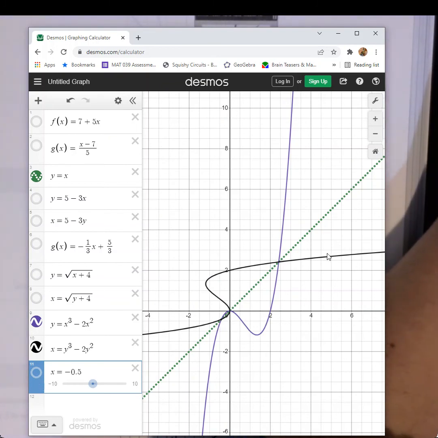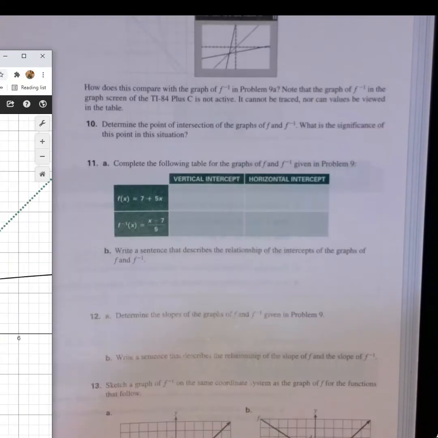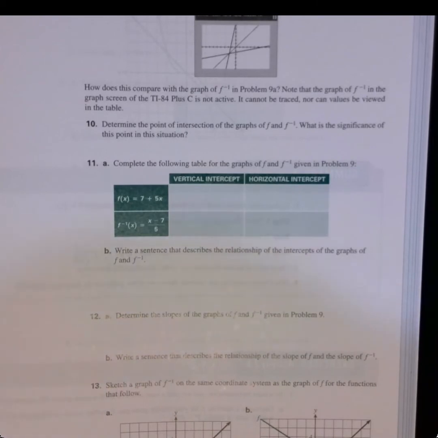This is the inverse relation. So there's not a true inverse to this function here, but I can still graph a picture of what its inverse relation would look like. That's something the calculators don't do so well. So Desmos can do that, and I think it's kind of fun. So I wanted to show some additional examples there. Okay, enough on that. Let's finish up our section back over here.